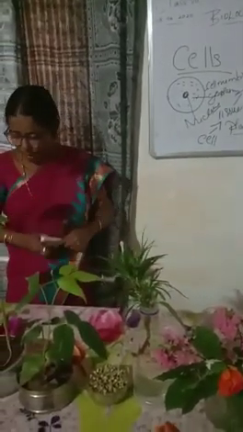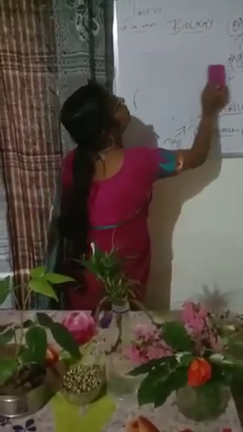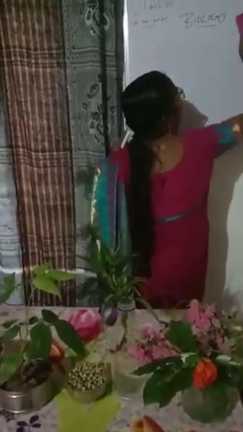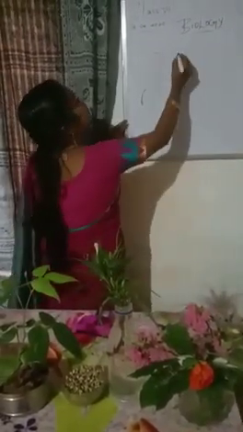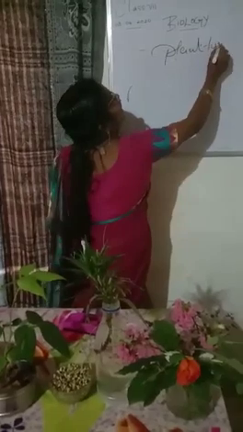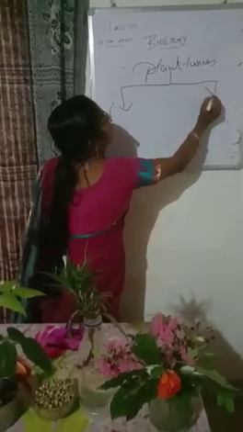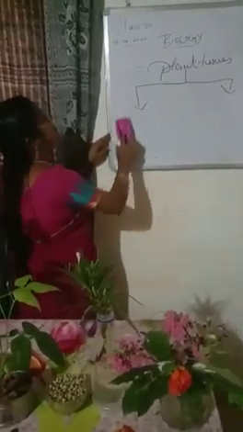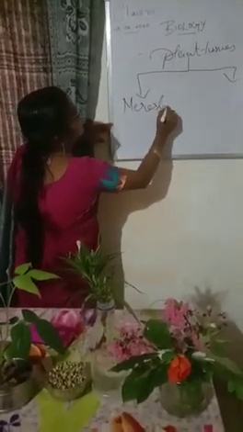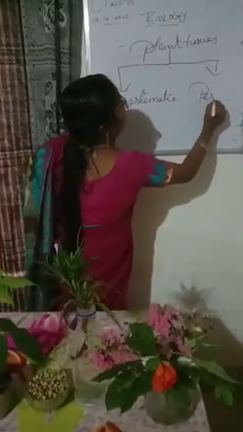Plant tissues are broadly divided into two. What are they? Meristematic tissue and permanent tissue.